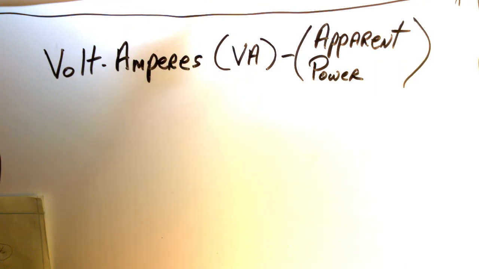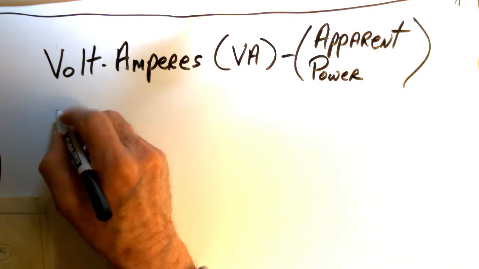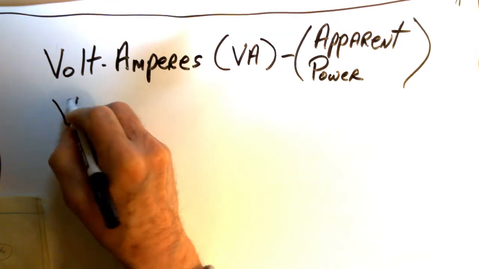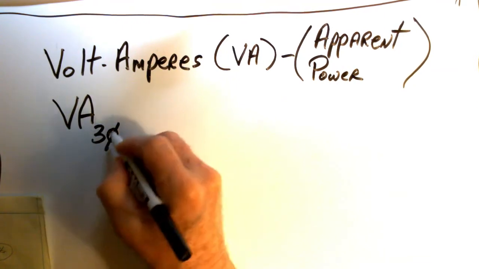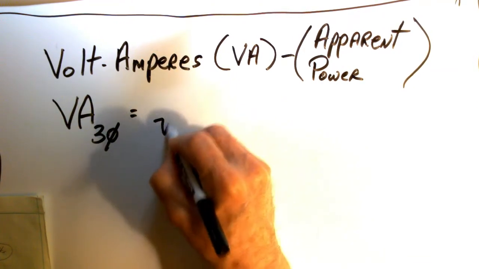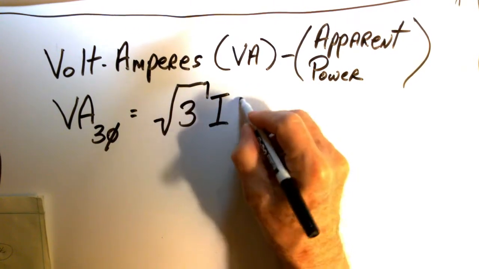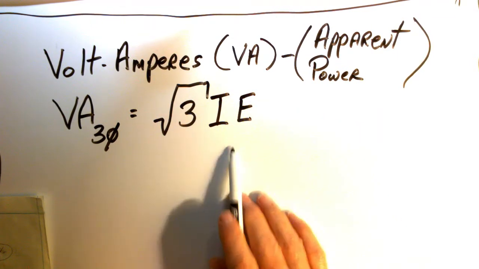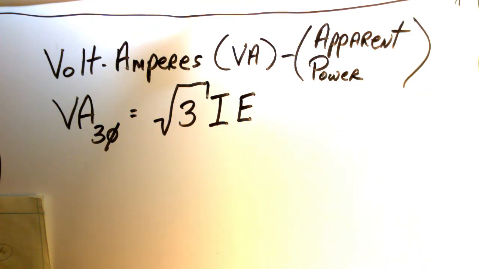Okay, now remember that in 3-phase power, I'll just say VA, and I don't want this to be confusing, for 3-phase is equal to the square root of 3 times the current times the voltage flowing in the circuit. And you've seen this in the 3-phase power equation. What it doesn't have is the power factor included with it.